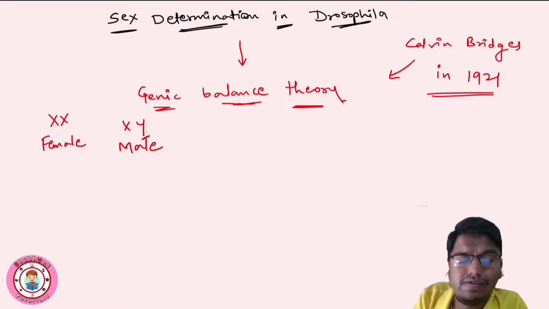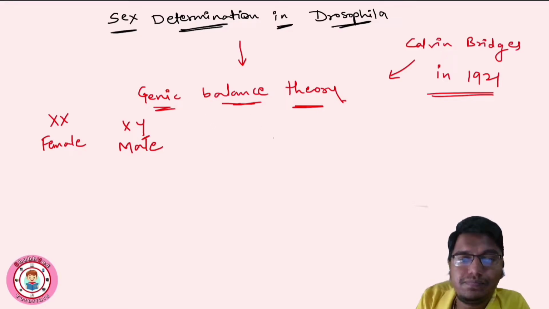In humans, the Y chromosome determines the sex of the organism, but in Drosophila, the Y chromosome is not involved in sex determination. It is involved in characteristics like sperm production, but determination is not done by the Y chromosome in Drosophila.